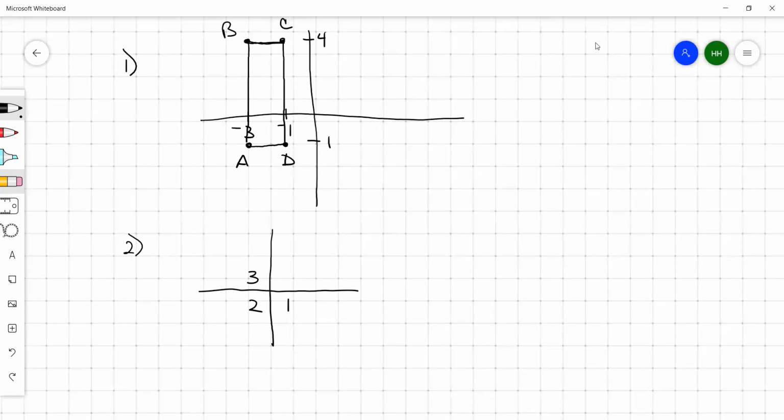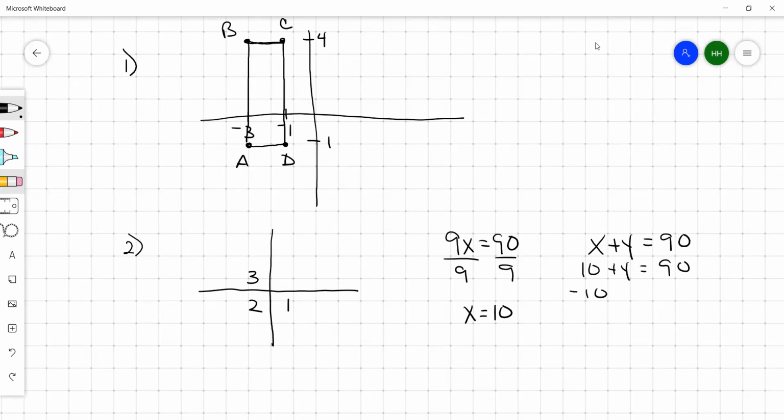For angle 1, you're going to say that 9x equals 90 and divide by 9. So your x equals 10. For angle 2, your x plus your y equals 90. But you already know x, don't you? X is 10. So 10 plus y equals 90. So subtract 10, and your y equals 80.